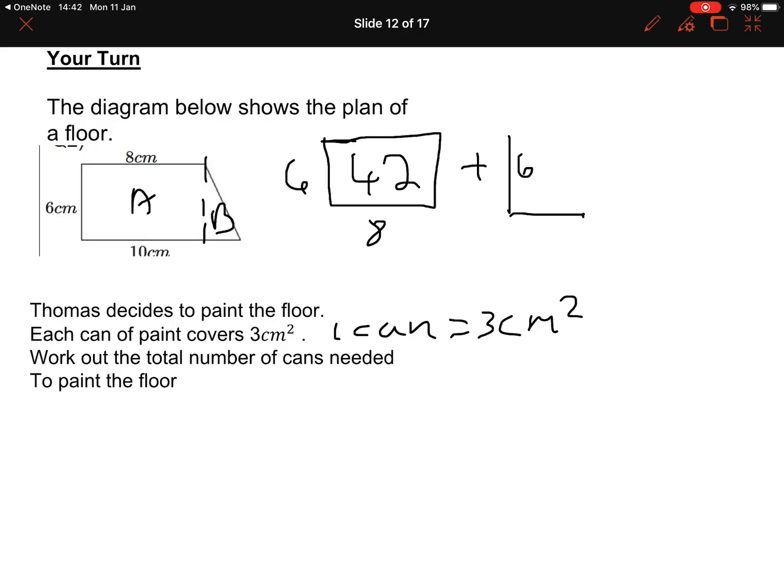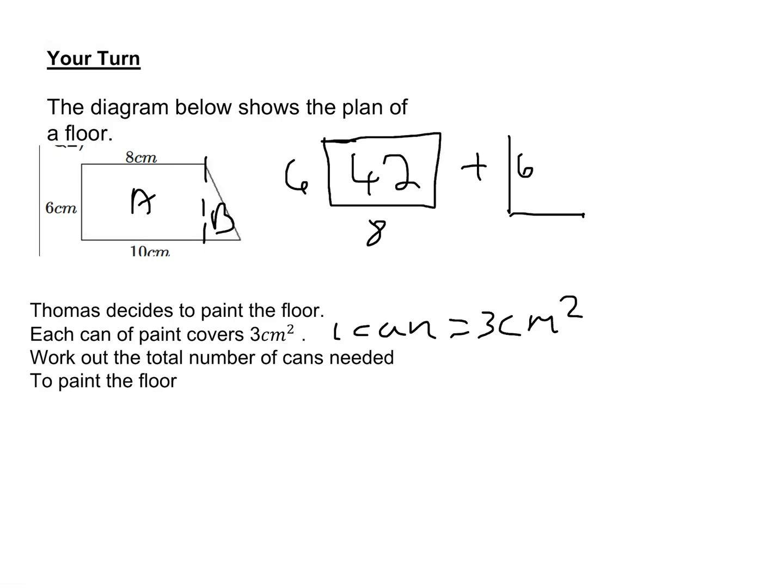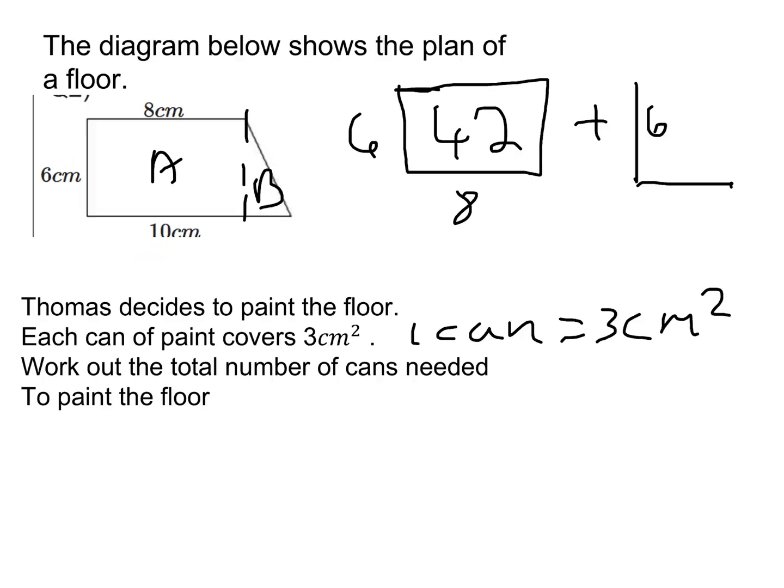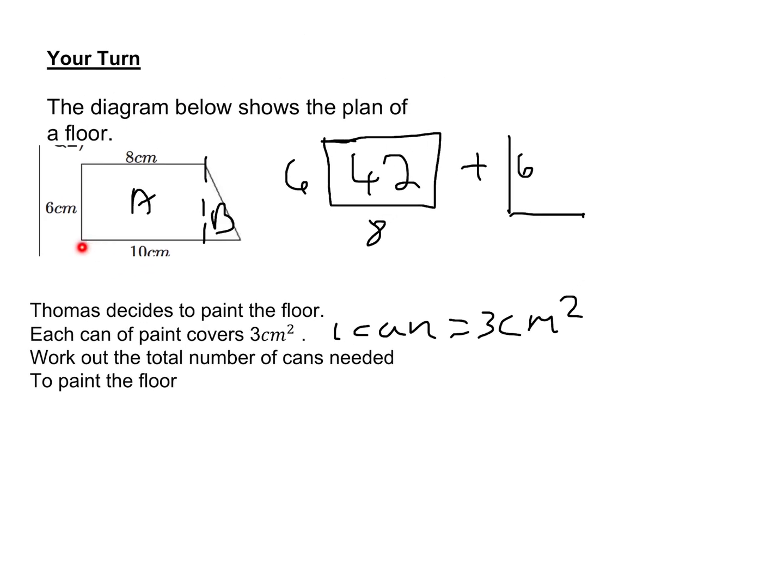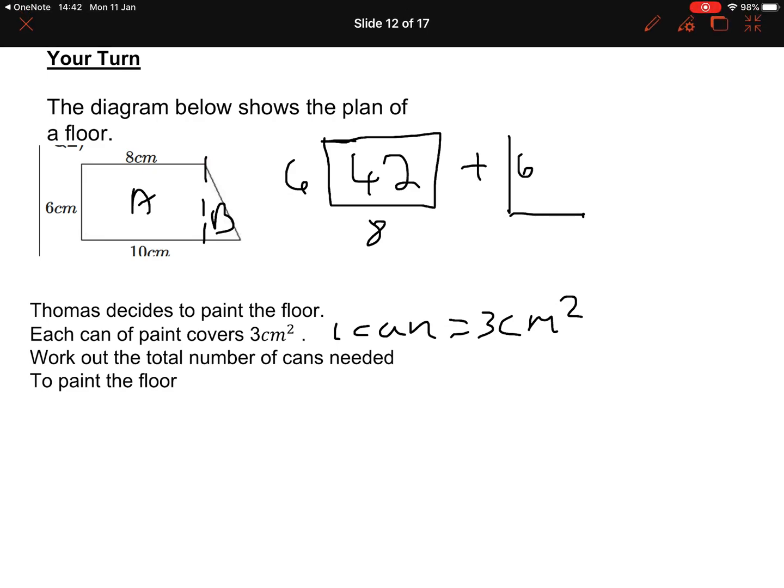We need to know what the base is. Now, you've got to be careful because the distance in the whole thing from here to here is 10 centimeters. The distance from this point to this point is 8 centimeters.